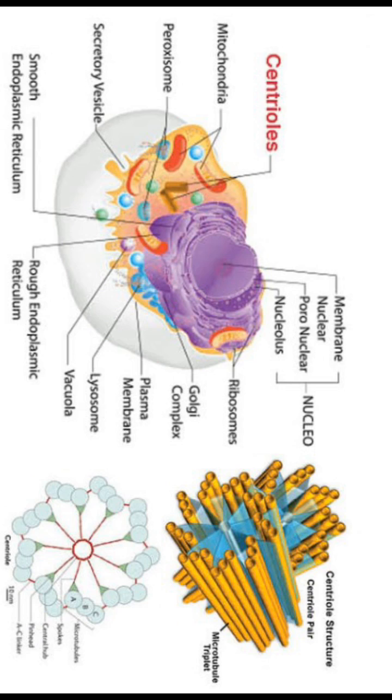So animal cells divide and produce daughter cells with the help of an important cell organelle, the centriole. These centrioles are absent in plant cells and exclusively present in animal cells only. You can see the centriole structure on the screen. This concept is very important for competitive examinations like NEET and KCET.